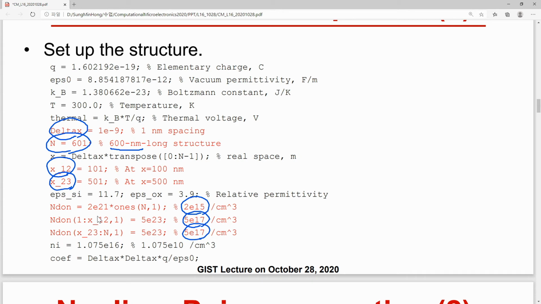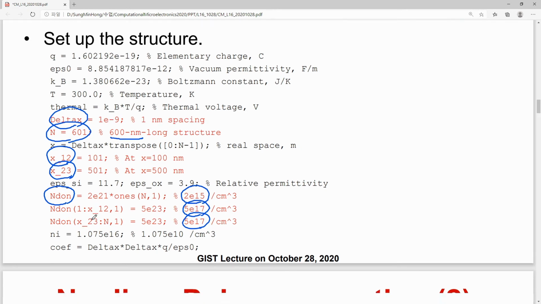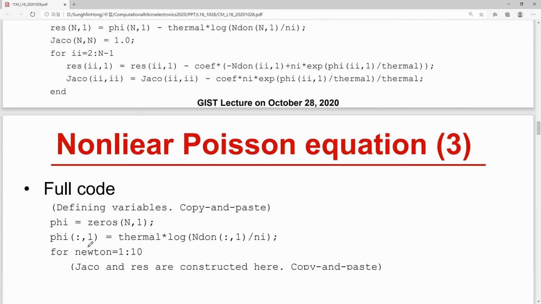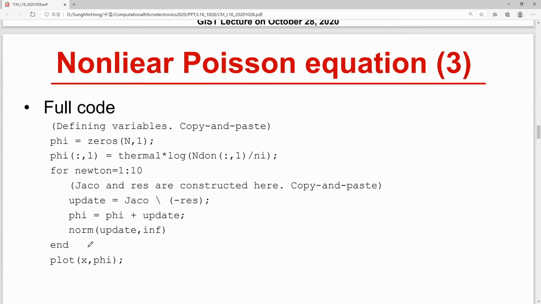So n donor, this number of donor density, is just showing the doping density. And after that, the Jacobian matrix and residue vector are the same as before. Your calculation is exactly the same as before.